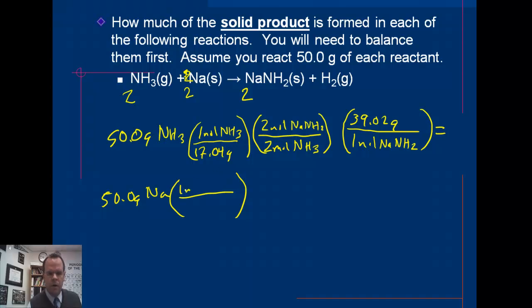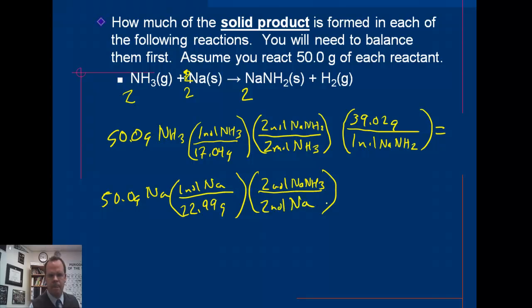For this one, 1 mole Na, 22.99 grams. Another 2-to-2 ratio. And then 39.02 grams for 1 mole NaNH2.